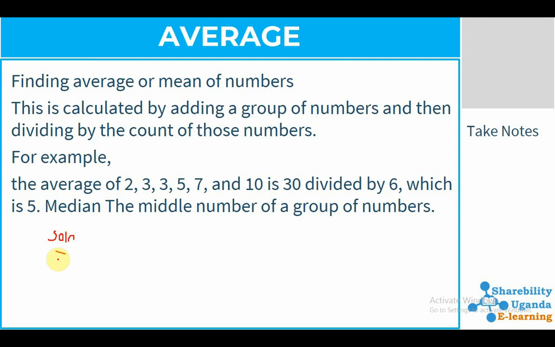We shall have a group of these numbers: a 2, a 3, and also a 3, and also a 5. We also have a 7. We also have a 10. This is a group of numbers.